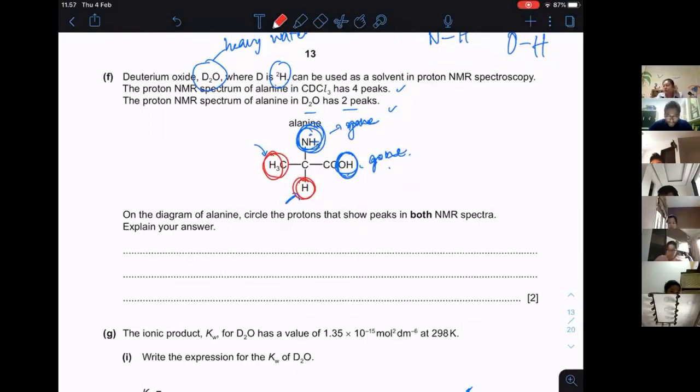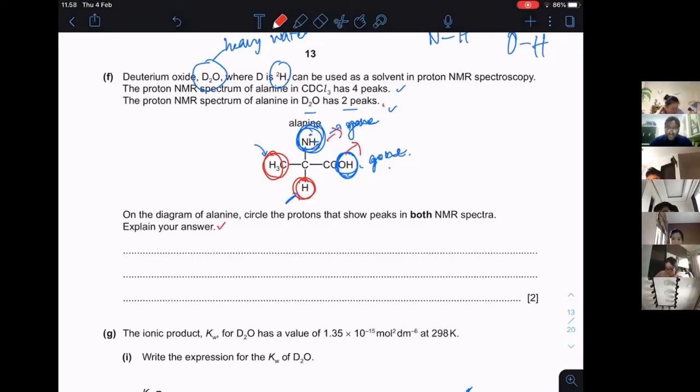Now, on the diagram, explain your answer. Okay, why only 2 peaks? Why is this one gone? So you need to explain about the proton exchange. Okay, so here is why it stays.